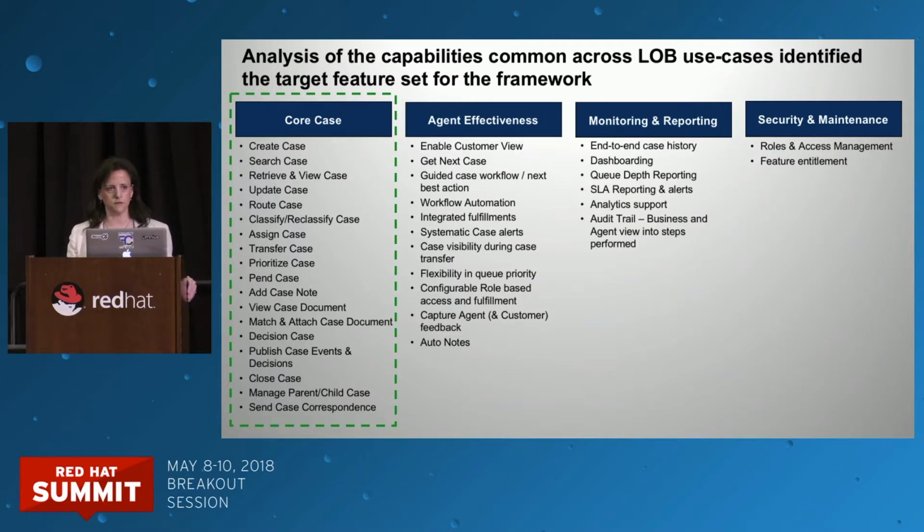Get next is a feature provided that when the agent clicks get next, they're delivered the next most important case to work. Monitoring and reporting. These are things like dashboarding, queue depth reporting, SLA reporting and alerts, and security and maintenance. And those are things like logging, auditing, SSO integration, role-based access, and entitlements.